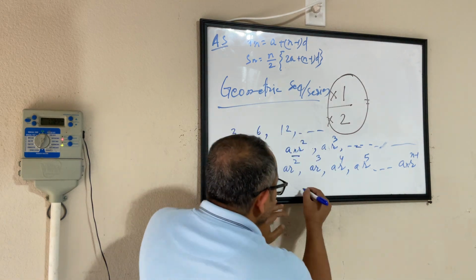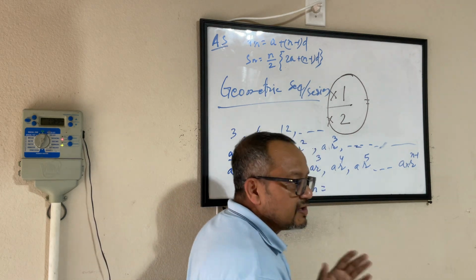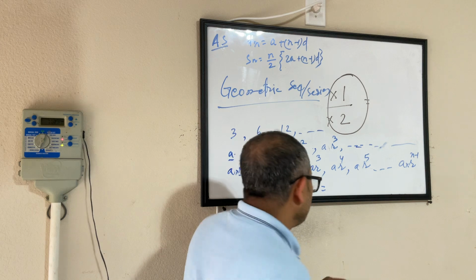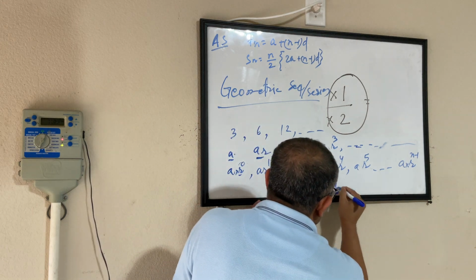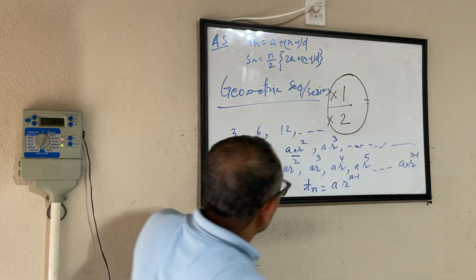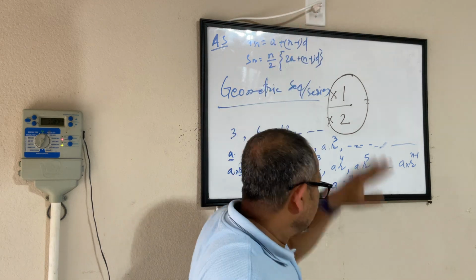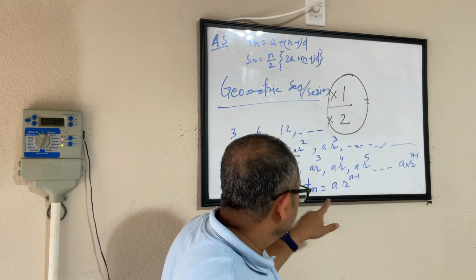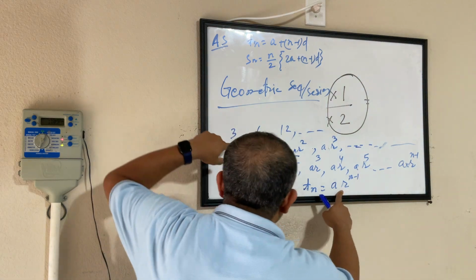So from this, I want to come up with a generic convention, generic method, generic formula, which will say my nth term of a geometric series would be A times r to the power n minus 1. You might want to revalidate it one more time.